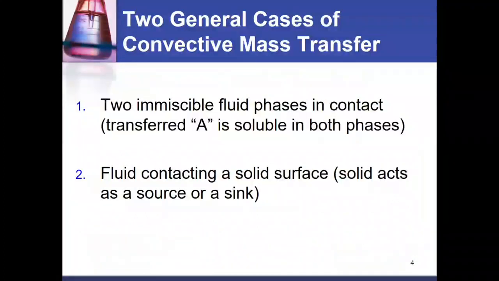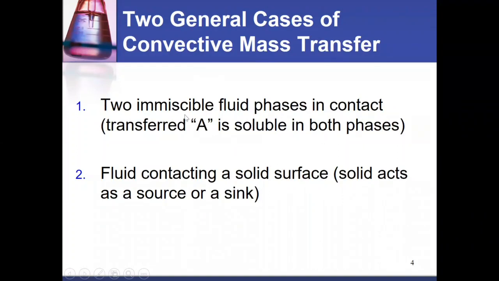Okay, in convective mass transfer, we'll be discussing two scenarios. The first one is mass transfer between two immiscible fluids. Basically, we will not discuss these two, but this is what you will see. Two immiscible fluid phases in contact. We have A, the solute, which is soluble in one of the two phases.